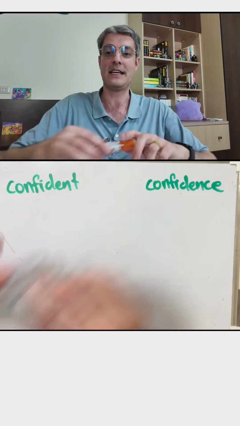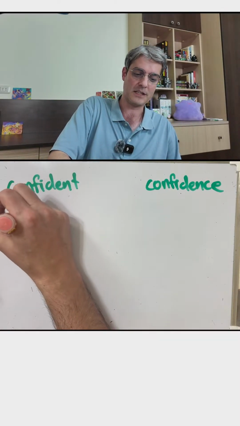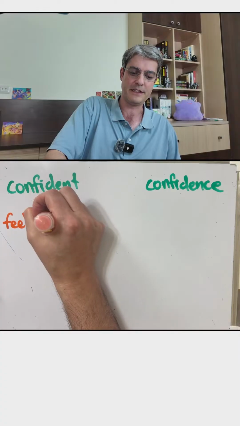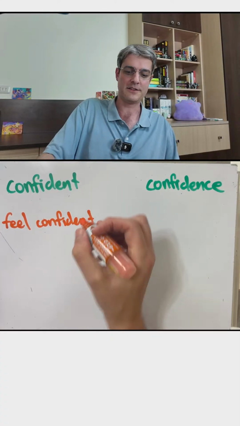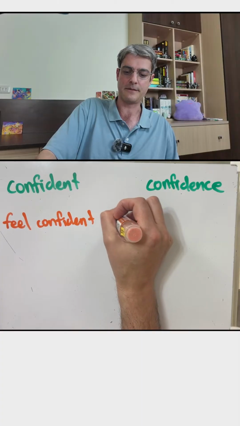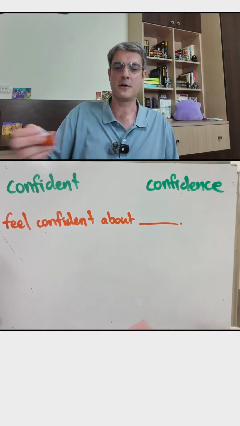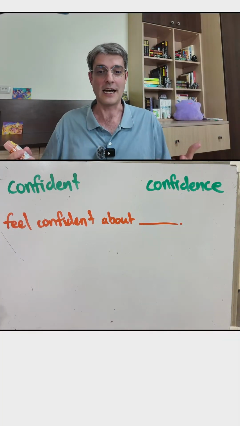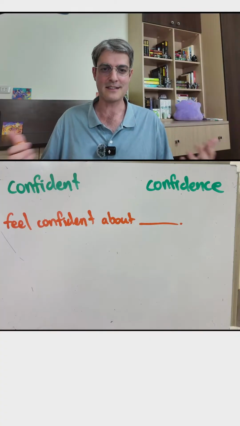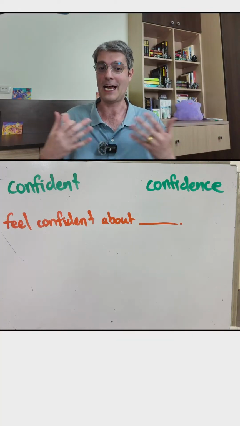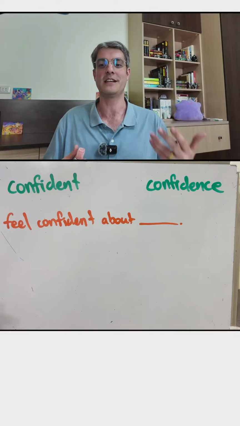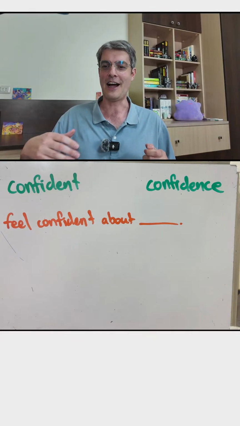So I could say that I feel confident, right? Feel confident. And we can also feel confident about something. So I might say, I'm feeling confident about tomorrow's test. Means I think that I have studied enough for it and that I will get a good grade. I feel confident about it.